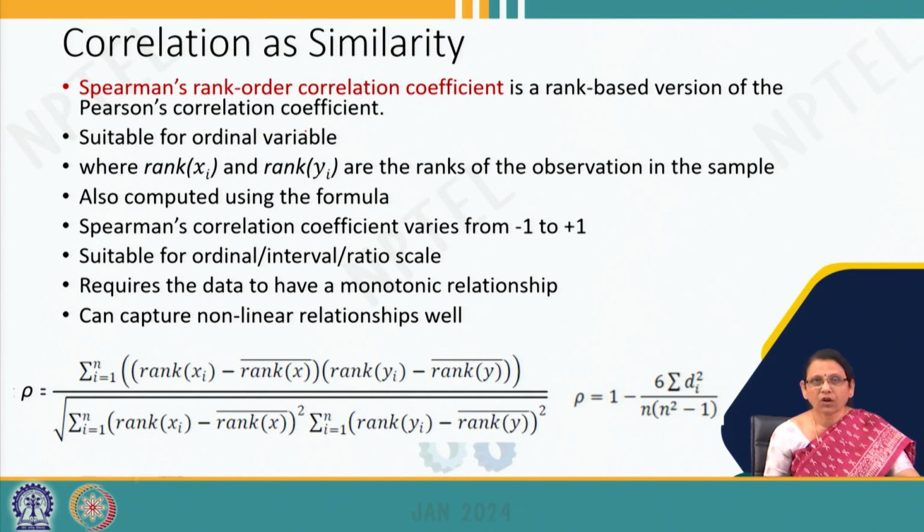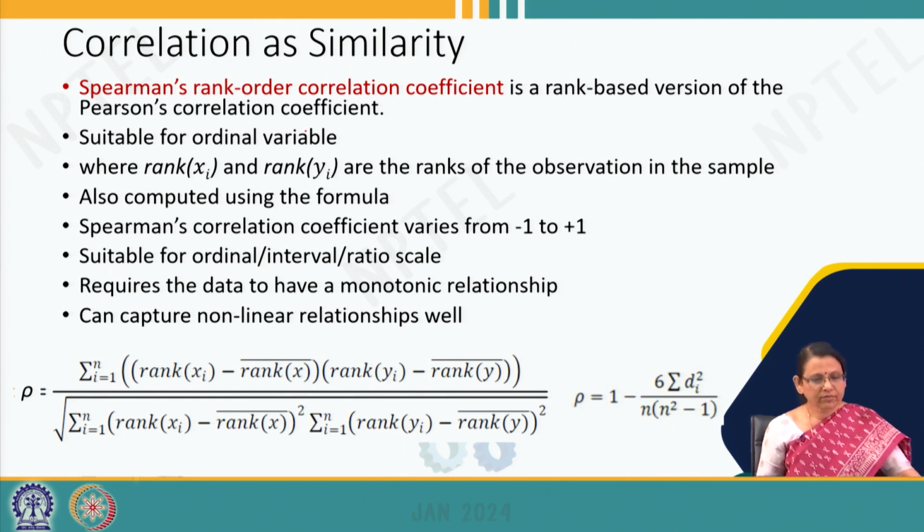If the order matters, the numeric value can also be represented in terms of order. Moreover, one very important thing is that Pearson's correlation captures a linear relationship, whereas in case of Spearman, non-linearity can be captured pretty well.